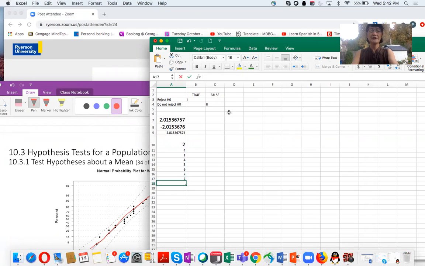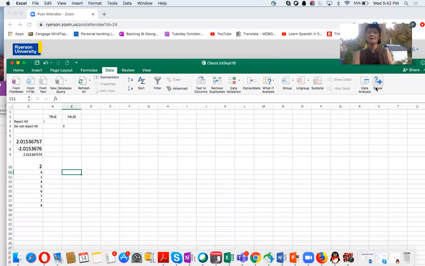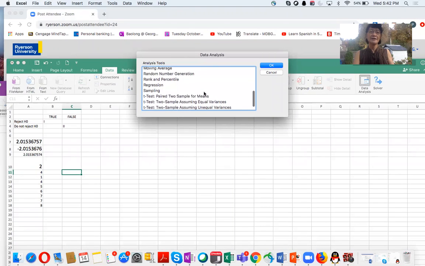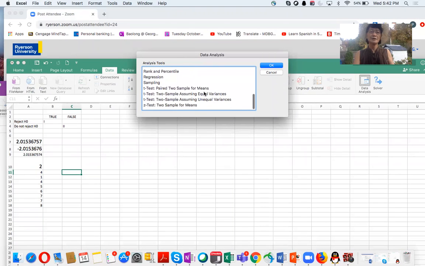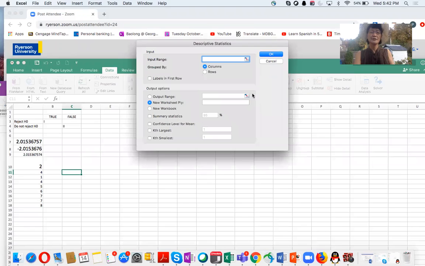You punch in the data, and then you go to data analysis, and then you can do descriptive statistics. Normal probability plot.